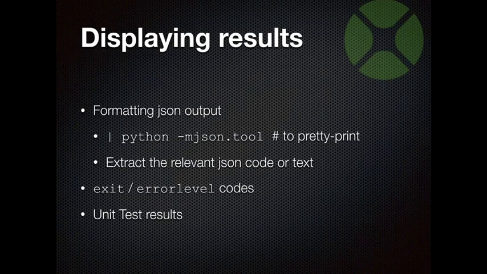Now, speaking of results, so in general, your CI systems, they will stop their build when your processes exit or error levels with something other than 0. Like if you exit 1 or 65 or whatever, this will usually stop the CI system and tell it, hey, something bad happened, and the build becomes not built or whatever.